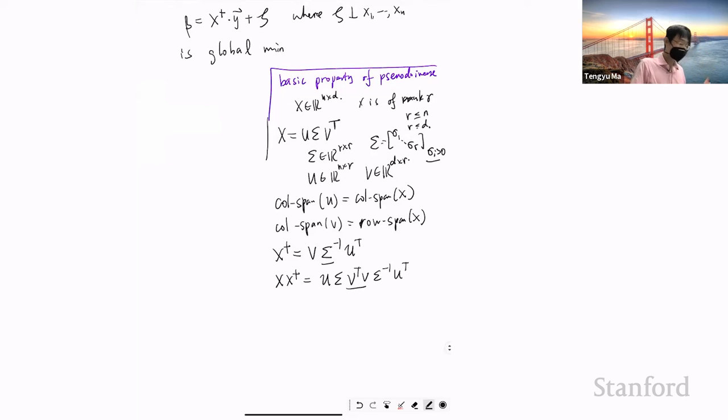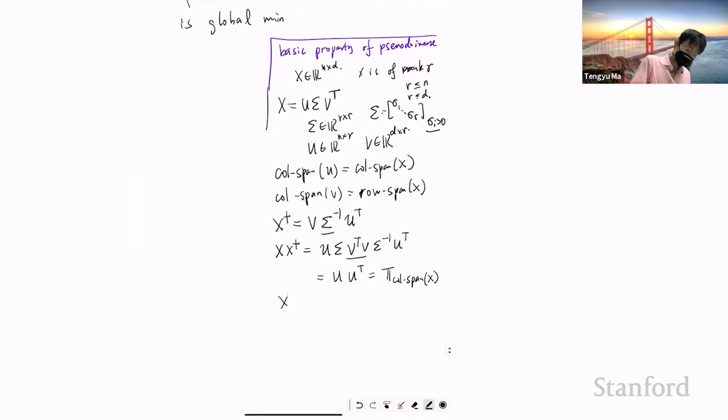Because V transpose V is the identity and sigma times sigma inverse is the identity, this is U U transpose, the projection onto the column span of X, since the column span of U is the same as that of X. And X pseudo inverse times X, by the same calculation, is V sigma inverse U transpose U sigma V transpose, which is V V transpose, the projection onto the row span of X. You can also see the dimensions match: this is a d by d matrix, and the rows of V are in dimension d.